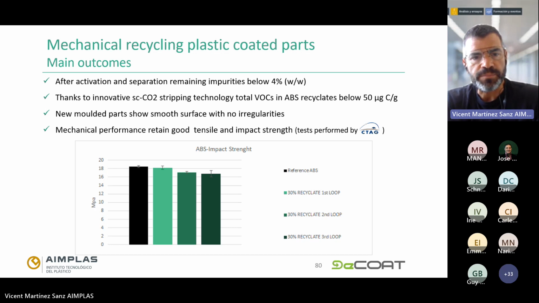So this is a very positive outcome in the sense that the recyclates after each recycling loop maintain good mechanical performance, so that the incorporation in new ABS panel components for the automotive sector can strengthen the sustainability of these materials when adopting these debonding strategies as we developed in the DECOAT project.